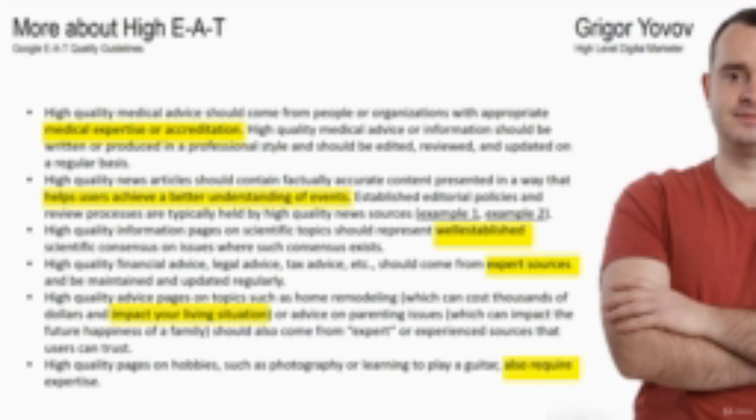High quality advice pages on topics such as home remodeling that will have a great impact on your living situation, or advice on parenting issues which can impact the future happiness of a family, should also come from experts. And the reason is that actually this is a YMYL page. High quality pages on hobbies such as photography or learning to play a guitar also require expertise.